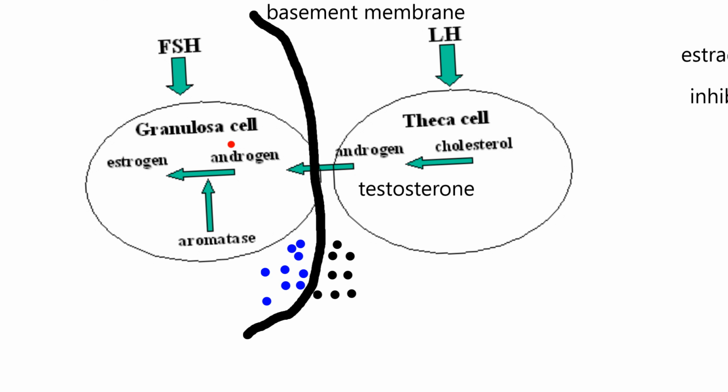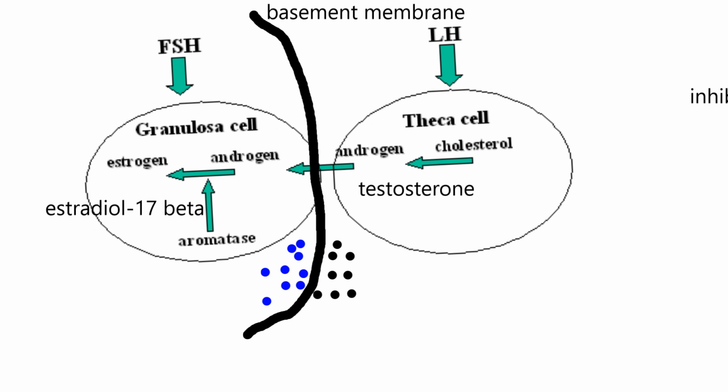And the granulosa cells take testosterone, here depicted as androgen, and change it into estrogen by the enzyme aromatase. That's a general name for an enzyme.